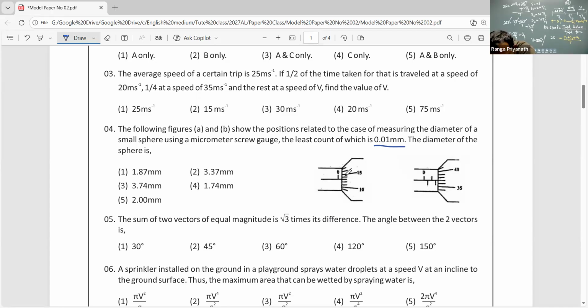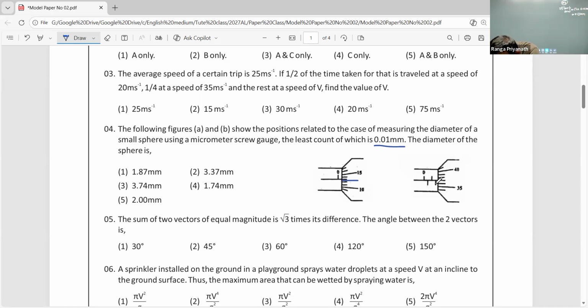So it is the positive zero error. The positive zero error equals the coinciding number into the least count. It is 0.13 millimeter.